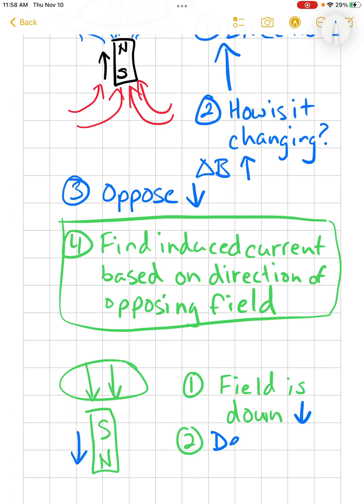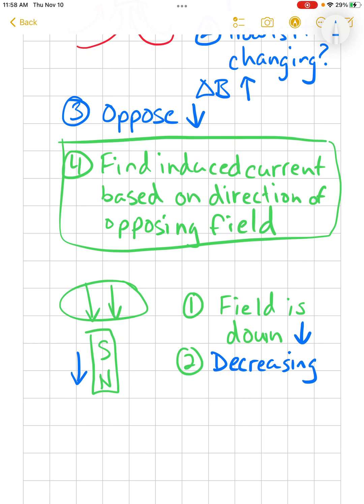So there's our original field, and it's decreasing, and when something is decreasing, that means it's pointing in the opposite direction of the field. When we talk about changing position, but then we have a decreasing velocity, that means it's slowing down, so our velocity vector points the opposite direction from our position vector.